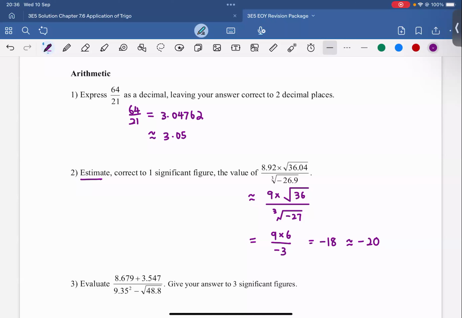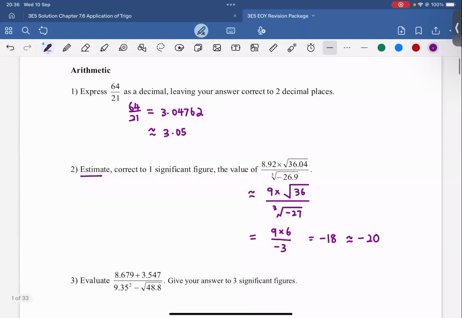Estimate means estimate. I don't know how to say it in other terms. But estimate means try not to use your calculator. So in order not to use your calculator, you must find numbers that are near to 36.04 that you can square root, and numbers that are close to -26.9 that you can cube root. Okay.